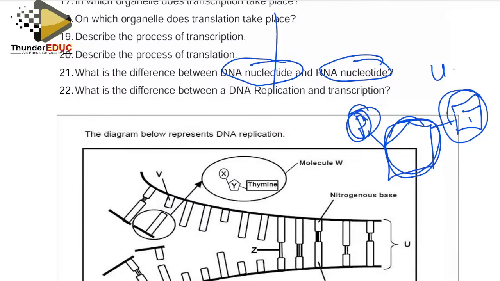In DNA replication, you form two genetically identical DNA molecules. In transcription, you form messenger RNA. In DNA replication, we use free-floating DNA nucleotides. In transcription, we use free-floating RNA nucleotides. In DNA replication, you have thymine; in transcription, you have uracil.